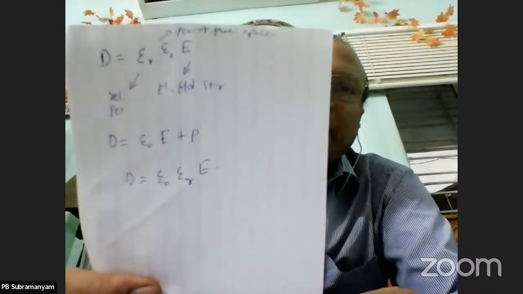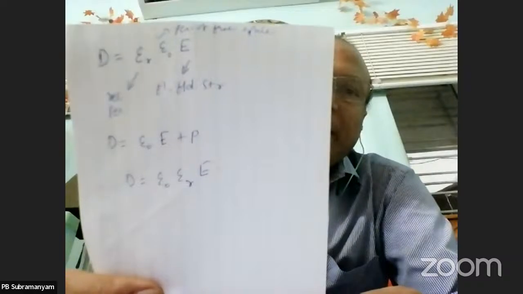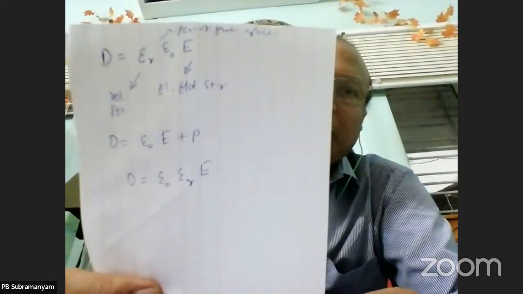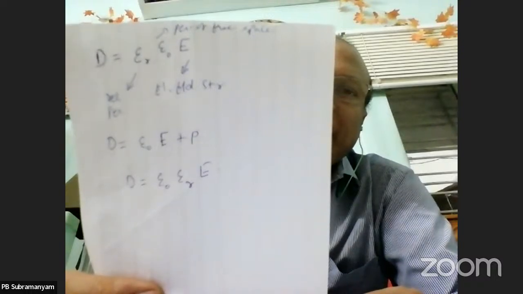Further, we can write the equation as D equals epsilon naught E plus P. This is defined, and D can also be written as epsilon r epsilon naught E. Then we name these the first and second equations and equate them.